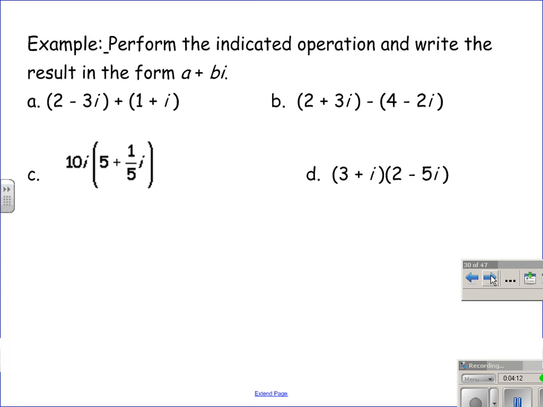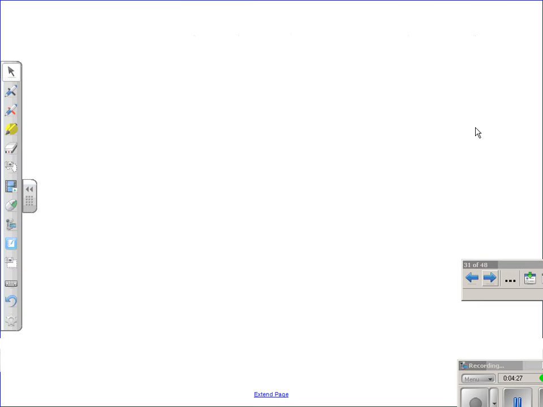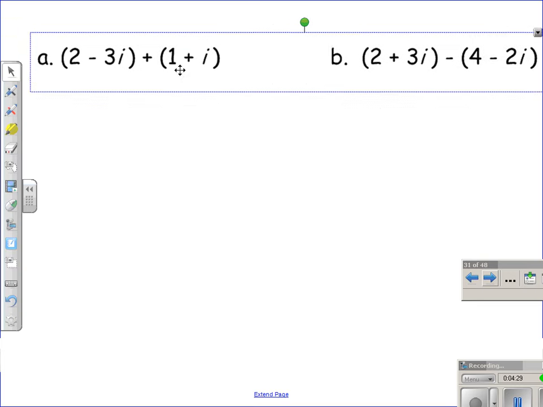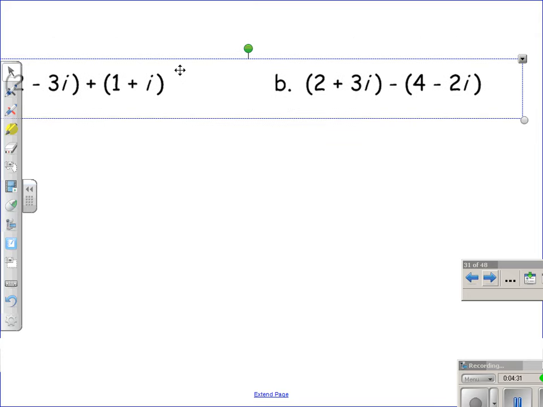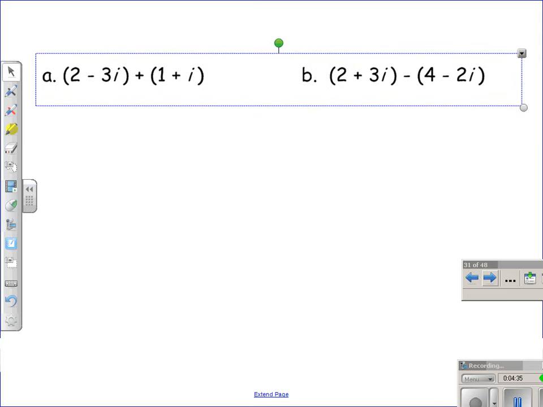Okay, here we have a couple more examples. What we're going to do is perform these operations, and we're going to simplify. So let's take a look at these two first, a and b. And we're going to do a first.